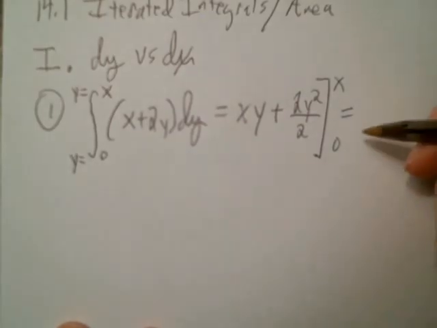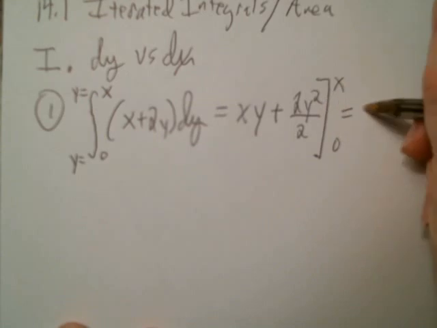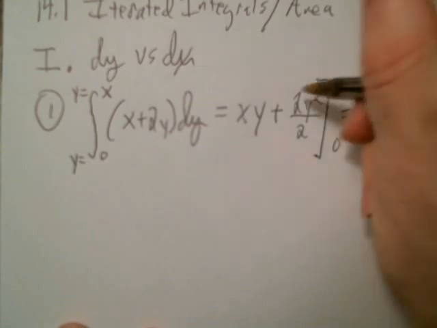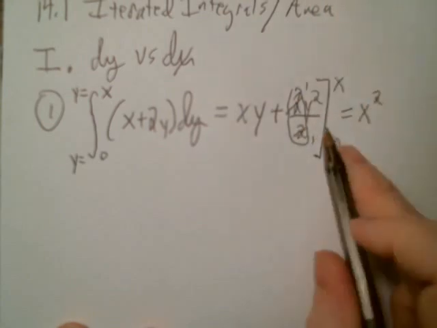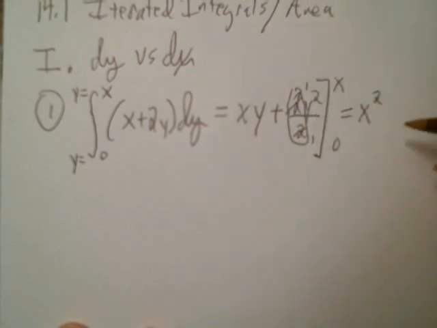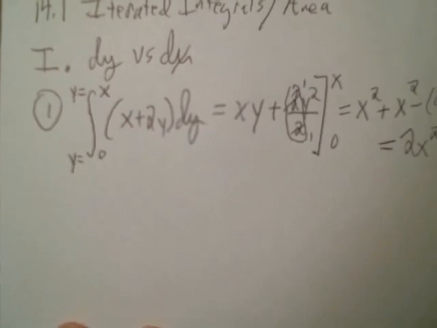Okay, so evaluating this guy, I have x times x, which is x squared. This simplifies, right? 2 over 2 is the same as 1 over 1, so I just have y squared there, and I'm plugging in an x wherever I see a y. So it would be plus x squared, and then subtract away, plug 0 in to both of these, and they're both just 0. And at the end of the day, we have 2x squared, right?